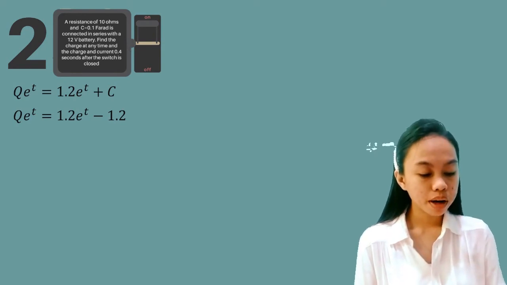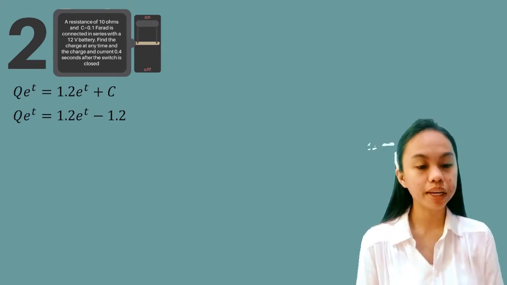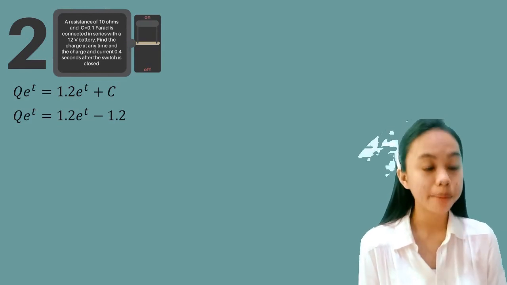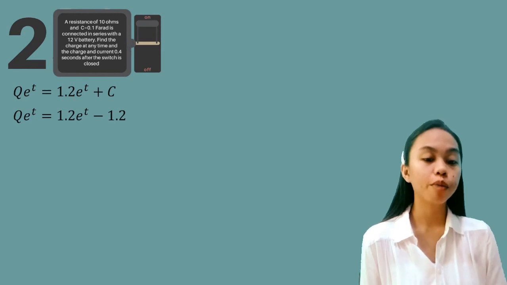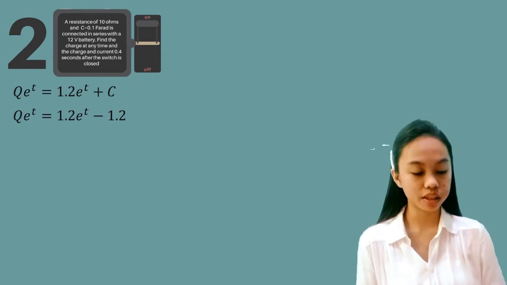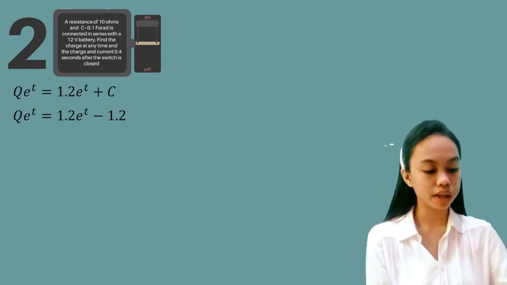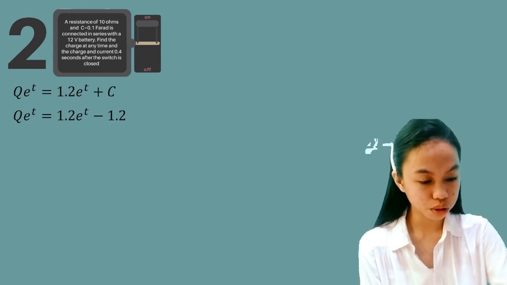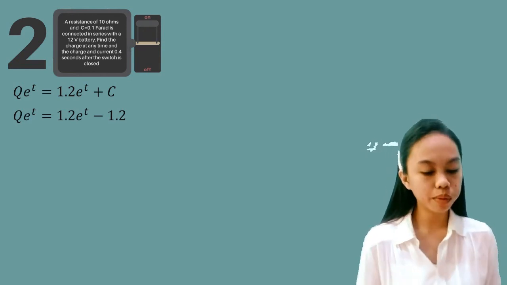So from our general solution, we will be getting the charge at any time and the charge and the current 0.4 seconds after the switch is closed. So how are we going to do this? From our general solution, we will divide by e raised to the power of t.